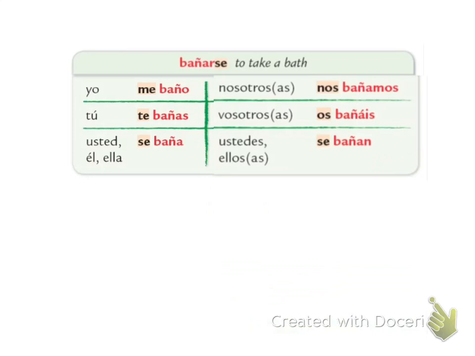So, up here we have our infinitive where it's attached to bañarse, to take a bath. Then down here we have all of our pronouns. Do those pronouns look familiar? Have you ever used me, te, nos, and os before?